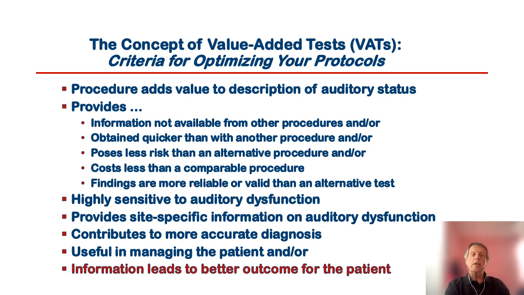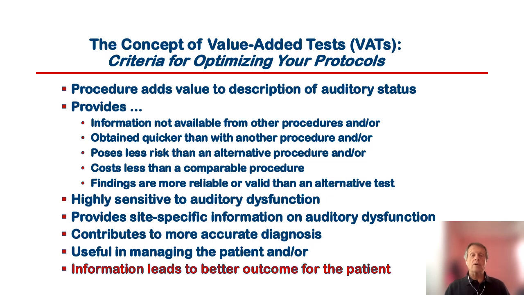So we should only perform auditory procedures, even though we have a large test battery with many, many different tests, we should only perform the procedures that are likely to contribute to the diagnosis of the child's hearing problem, or to confirm that they do have a hearing problem, and to help us make important decisions about management. So, for example, with some children, we really don't need electrocochleography.